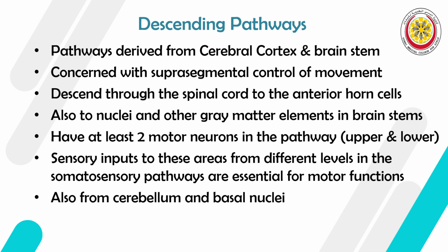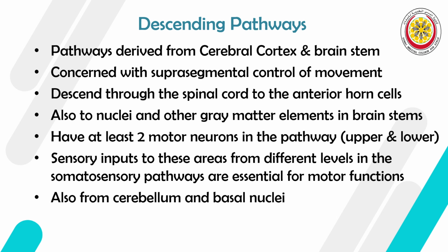So there is a lot of sensory input to these cortical areas from the different levels in the sensory pathway, and these are essential for motor function. Also, they receive input from the cerebellum and basal nuclei. The relationship with the cerebellum and basal nuclei is two ways.